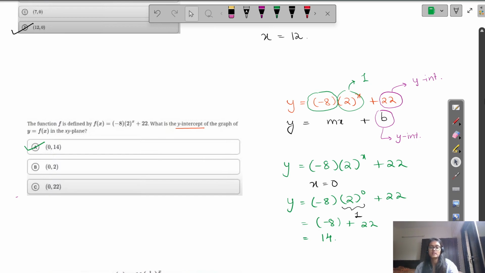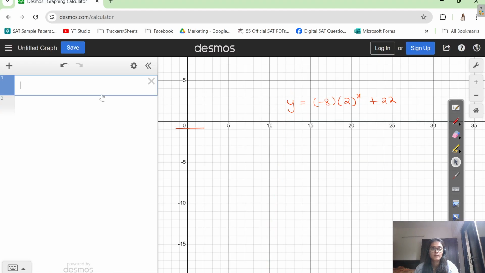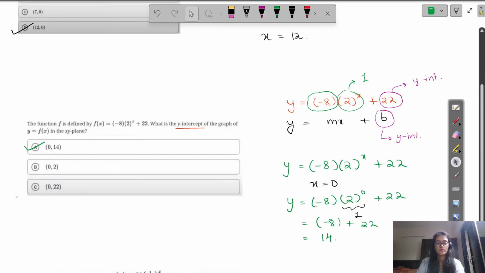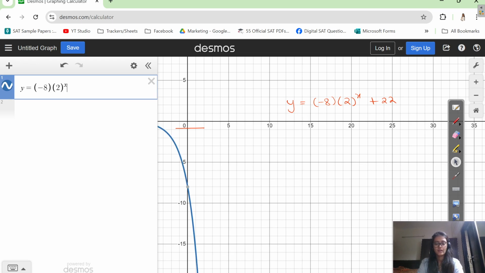Now let's do it on DESMOS. We have y is equal to negative 8 times 2 raised to x plus 22.